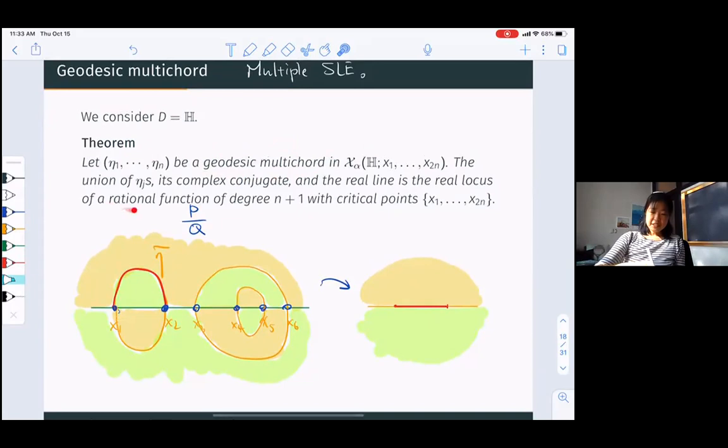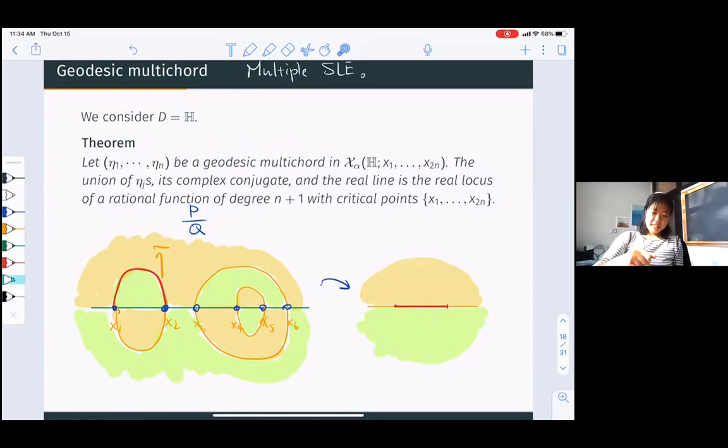The construction of the rational function is the following. On this picture, eta is here. This is the real line, and here, this is a not well drawn reflection of it, the complex conjugate of eta. They're supposed to be symmetric.